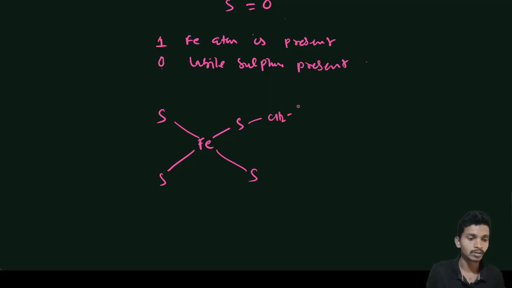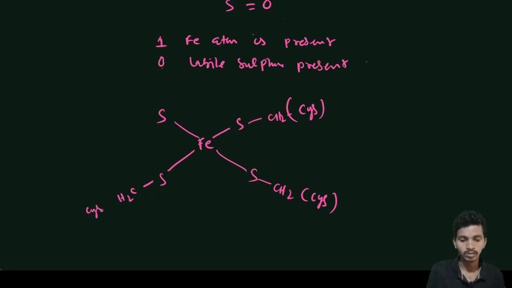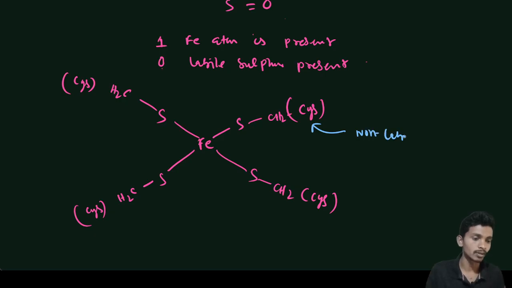This is CH2, this is cysteine. This is CH2, this is cysteine. This is CH2, cysteine. Okay, this type of structure you will get, and these are the non-labile sulfurs.